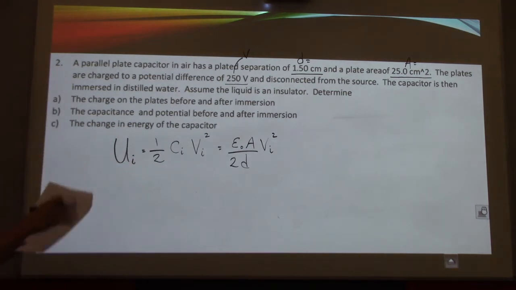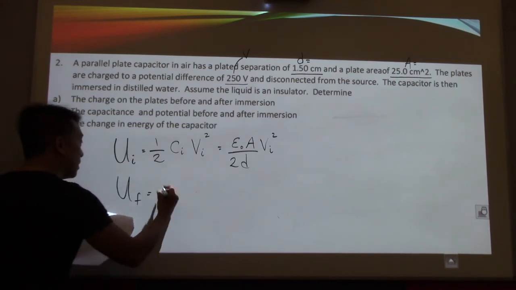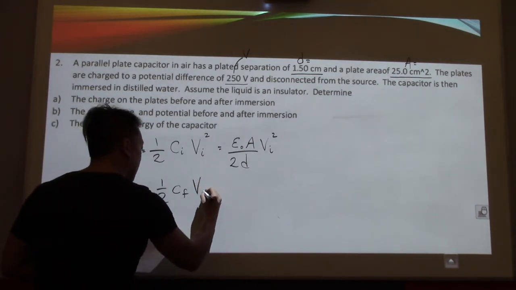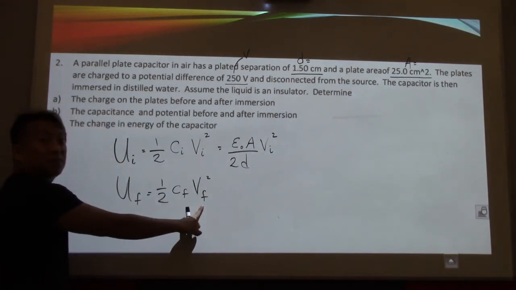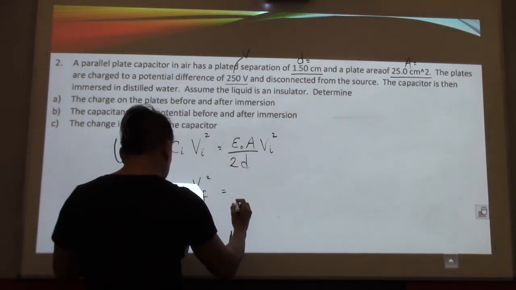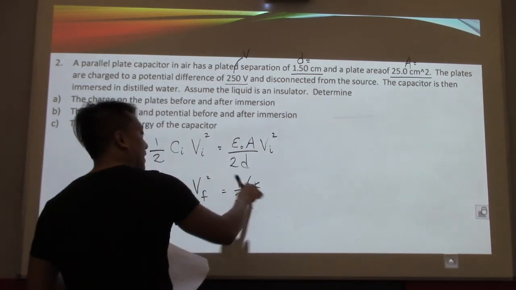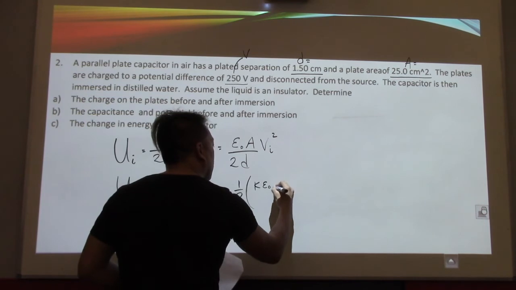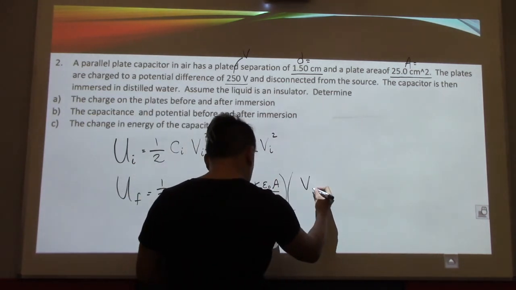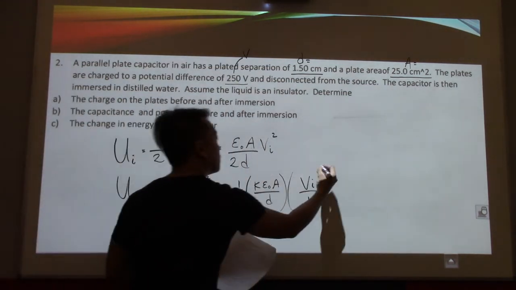Final, what's the final one? It's going to be 1/2 C final V final squared. We calculated these from before, part B. You can look back in the video. And just write that out. It's going to be 1/2 K epsilon naught A over D, because it's immersed in water, times V initial over K, squared.